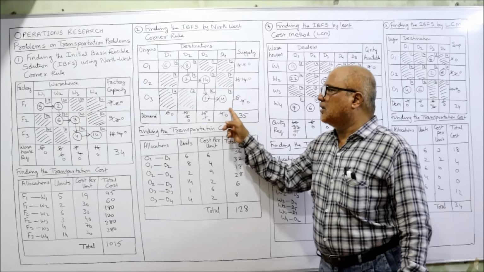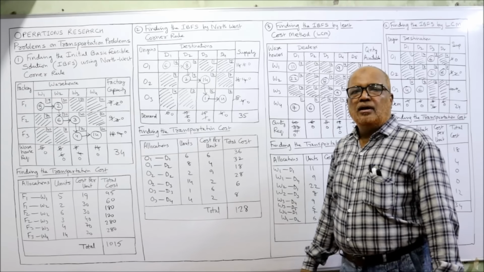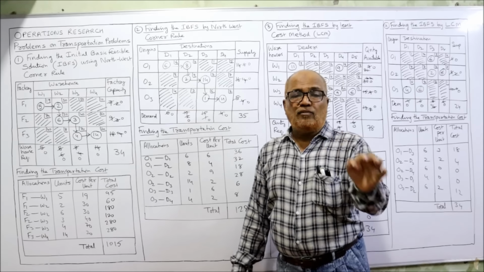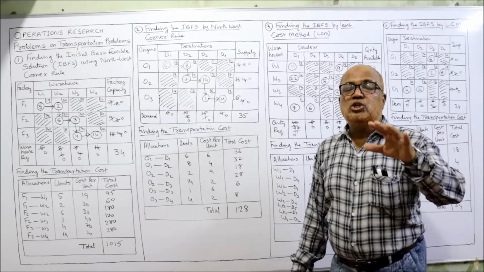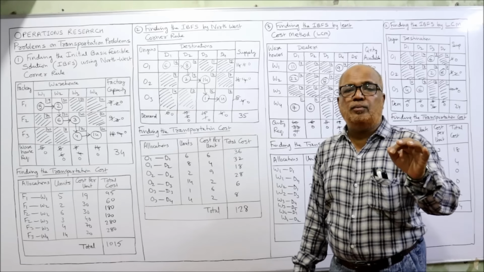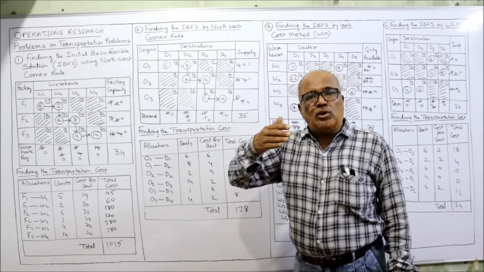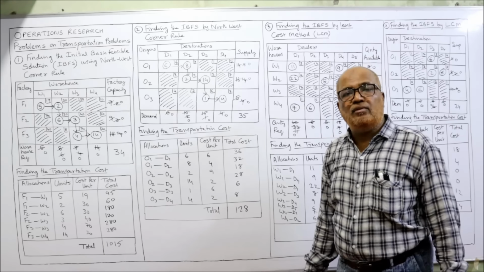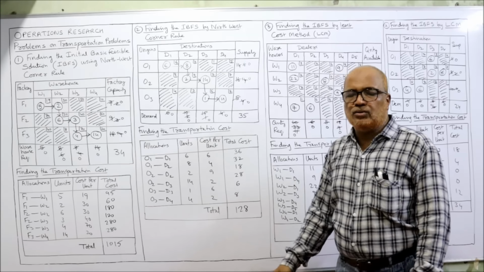It's a simple method of finding out the IBFS. But the drawback of this method is, after finding out IBFS, it will be very time consuming to find out the optimum solution. Optimum solution will be very far away from IBFS. A lot of time will be wasted. That is a drawback of the northwest corner.